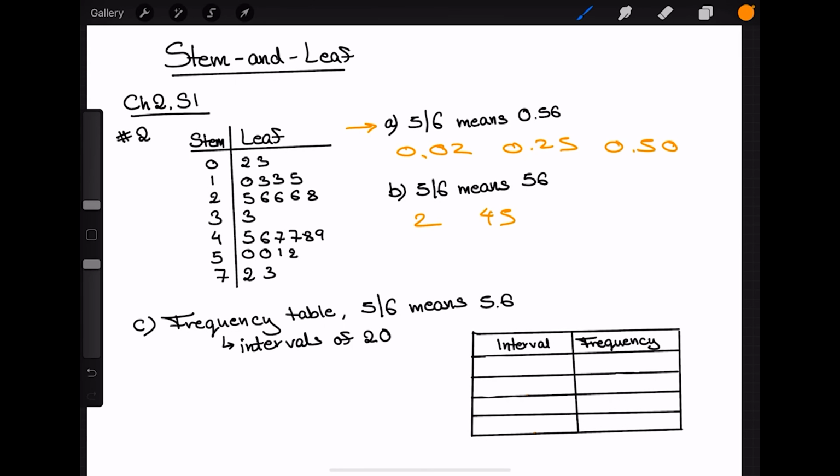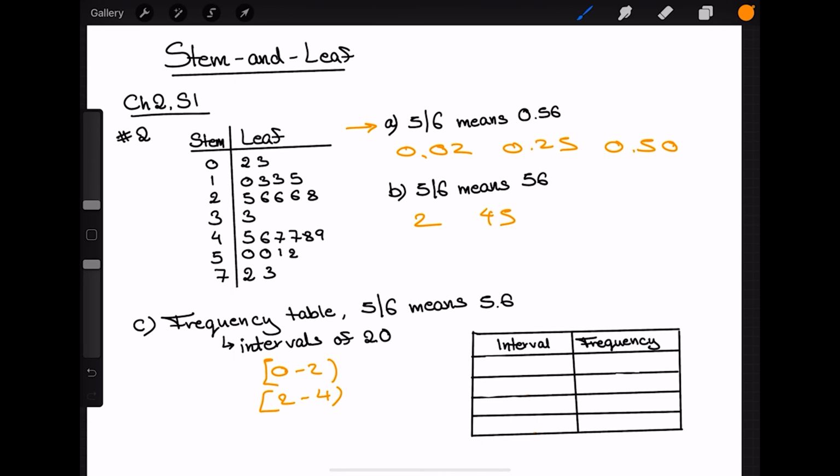They may also ask you to convert a stem and leaf plot into a frequency table, just like they did for the dot plot. Now, for this question specifically, they ask you to write a frequency table with intervals of width 2. So that means the difference between the two numbers should be 2. So you can do 0, 2, 2, 4, and continue.